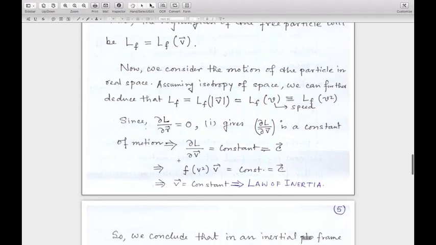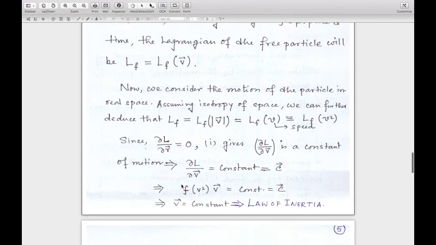Now ∂L/∂v can always be written, if you just think a bit, you can easily see, as some arbitrary function f of v squared times the v vector, and this is constant, and that is only possible when the v vector itself is a constant.